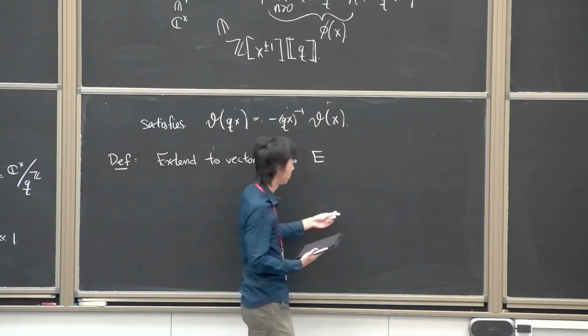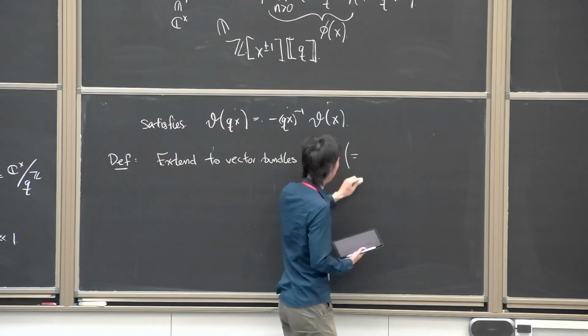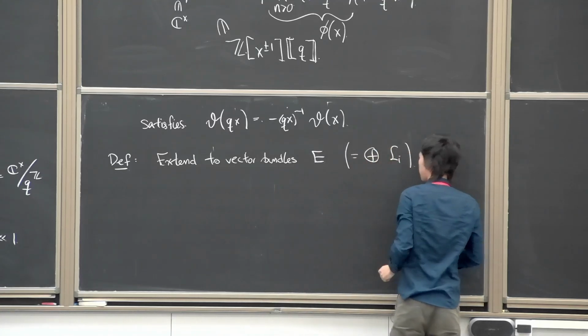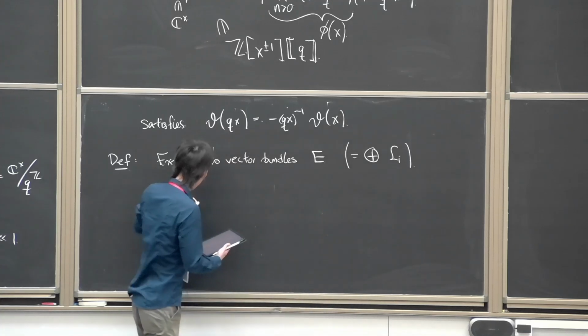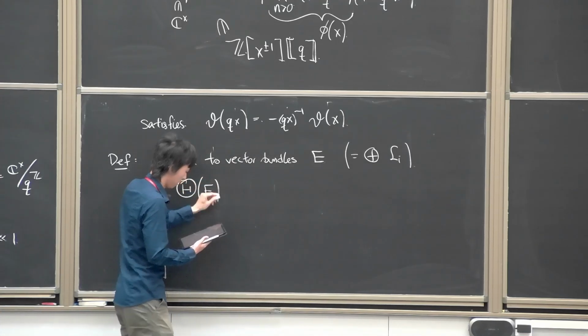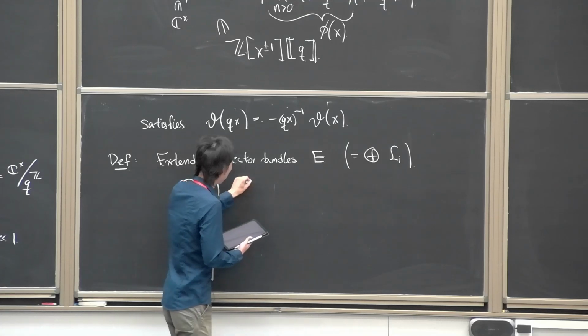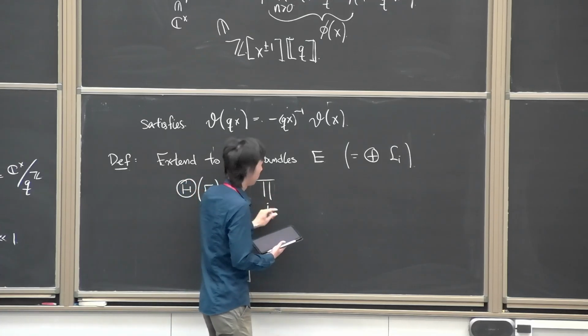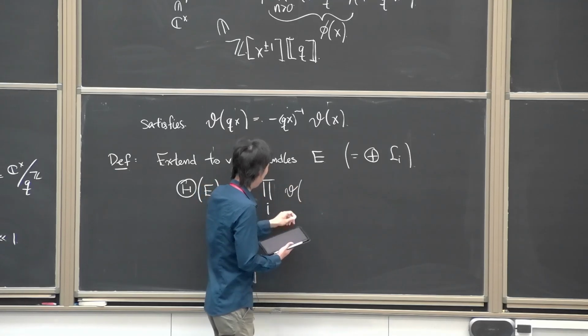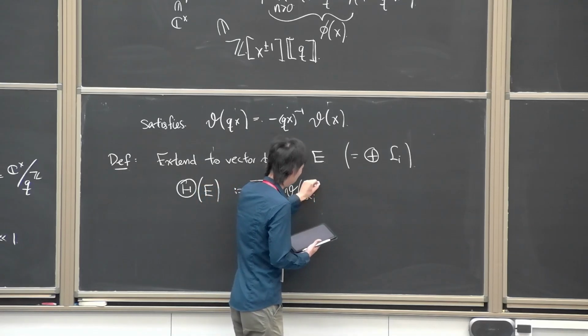And by the splitting principle, you're allowed to think of E as some sum of line bundles, let's say Li. And we'll say that capital theta of E is going to be the product over each of these line bundles of theta function of Li.